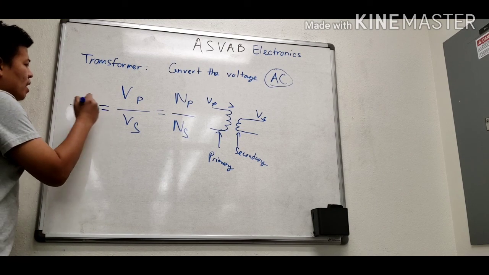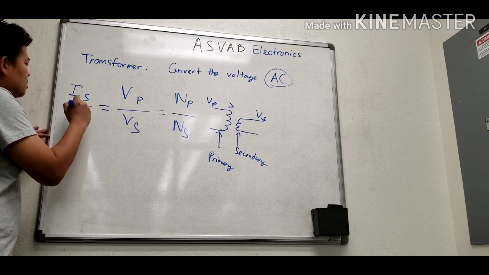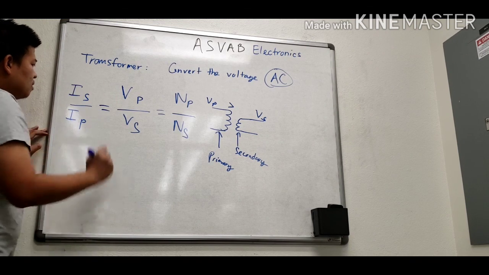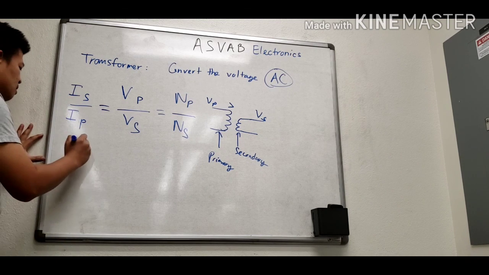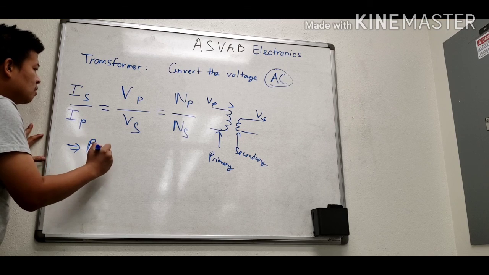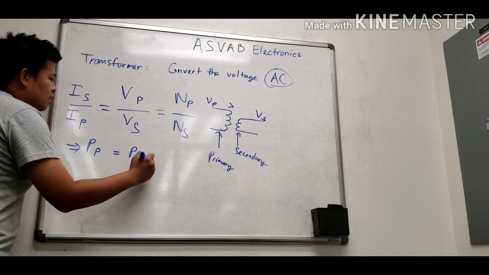In here, we have the current. The current in here is IS divided by IP. Why do we need to switch like this? Because the power in the primary equals the power in the secondary.